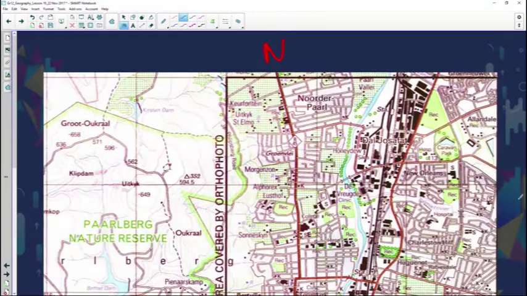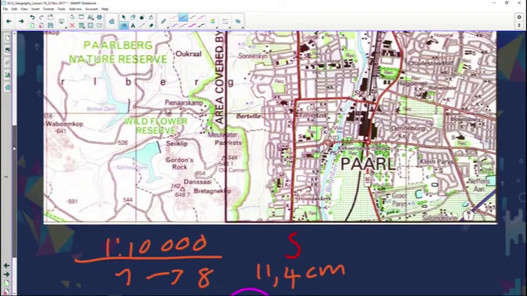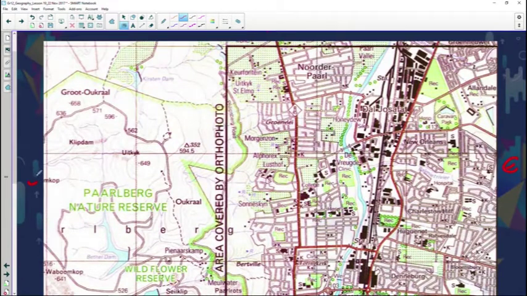What we discussed yesterday is also quite important for me. We looked at direction. It doesn't matter what map you use, north will always be on top of the map, east on the right hand side, south on the bottom, west on the left hand side. The simple steps that you need to follow: draw your north-south line, then draw a line from where to where. Two simple steps.